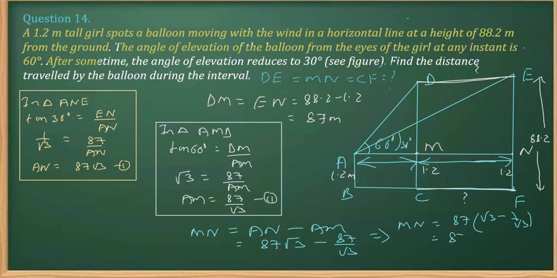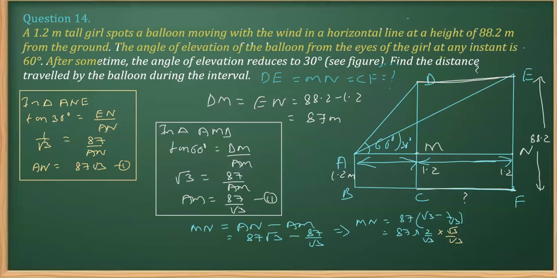On simplification, taking LCM, you'll get root 3 into root 3, that is 3. 3 minus 1, which is 2, right? So that is 2 by root 3. What you can do in the later part, you can rationalize this, with root 3 multiplied and divided by root 3. After rationalizing, what you are getting is 87 into 2 root 3, divided by root 3 into root 3, which is 3.